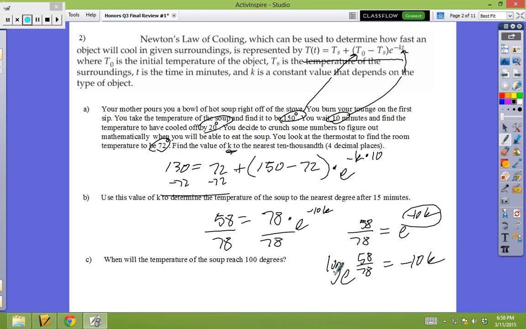So on my calculator, I punch in log in base e, that's the natural log, so just ln of 58 over 78 and hit enter. That will give you a decimal value that ends up being like negative 0.296. But now we just have to divide by negative 10. So divide that whole decimal by negative 10.